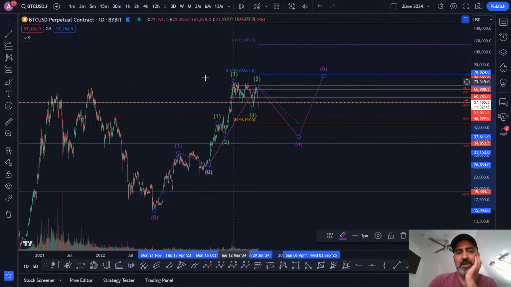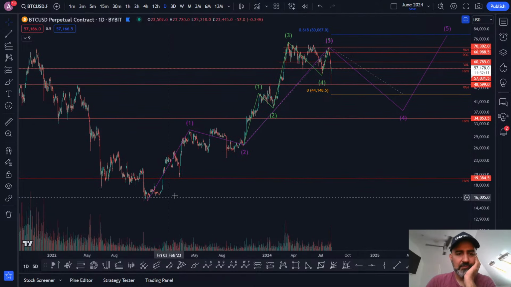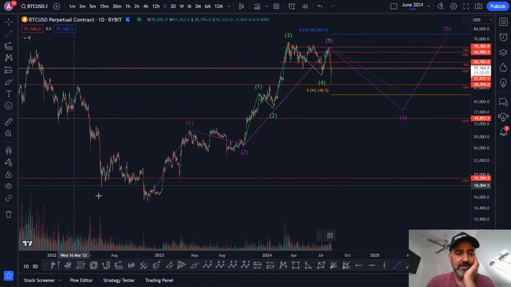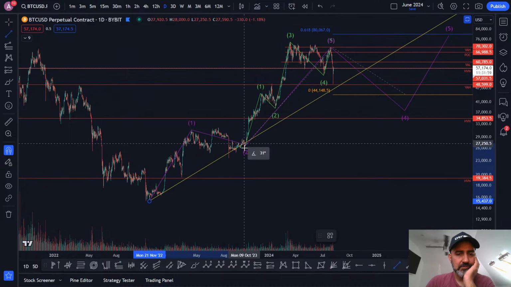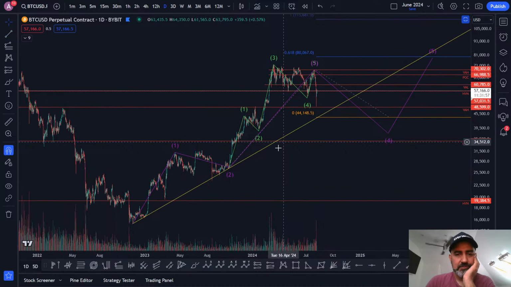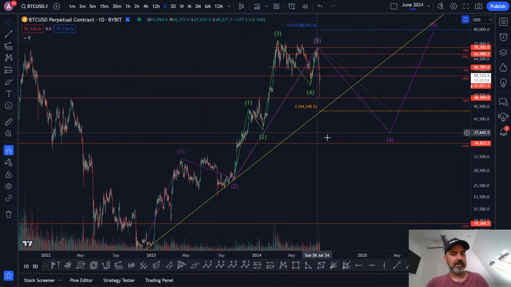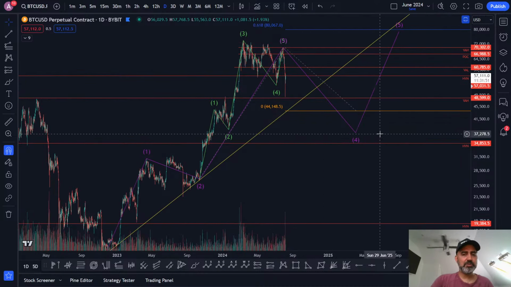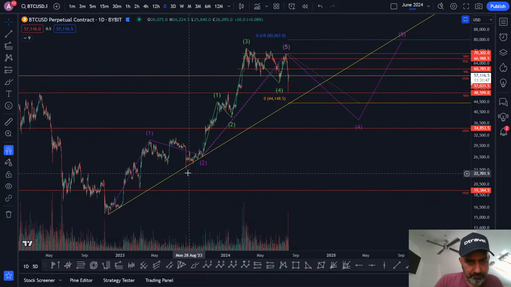The only thing that I have in my mind is this Elliott Wave trend line. I don't know. In my mind, I'm thinking, why are we losing this trend line? Have I done it right?